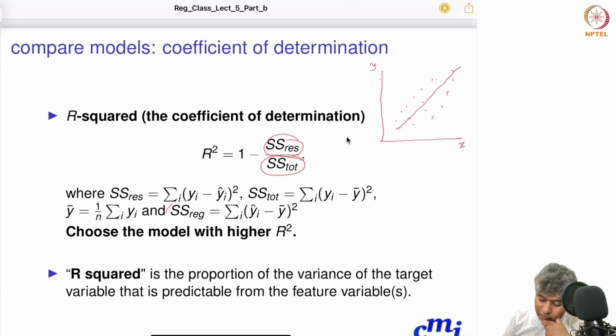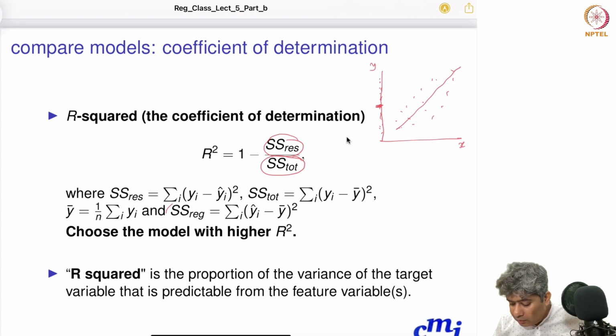If I project all these values onto the y-axis, y bar will be somewhere in the middle, the average of all these values.